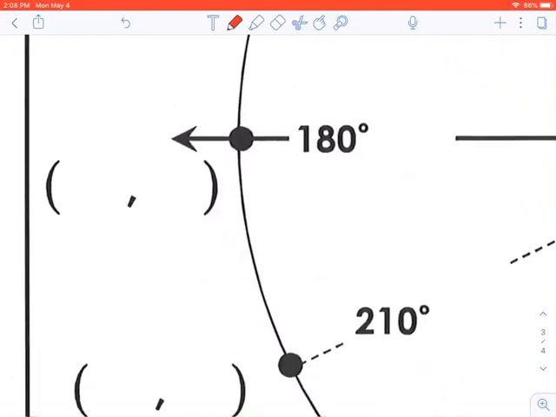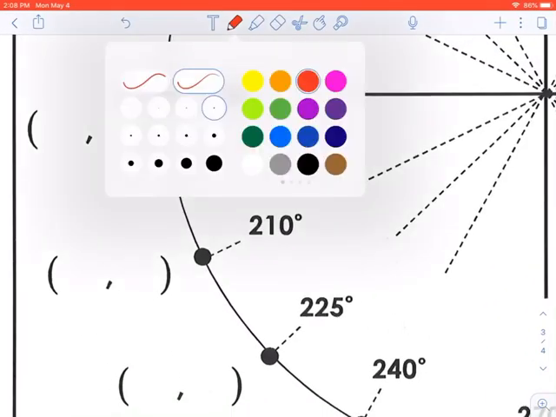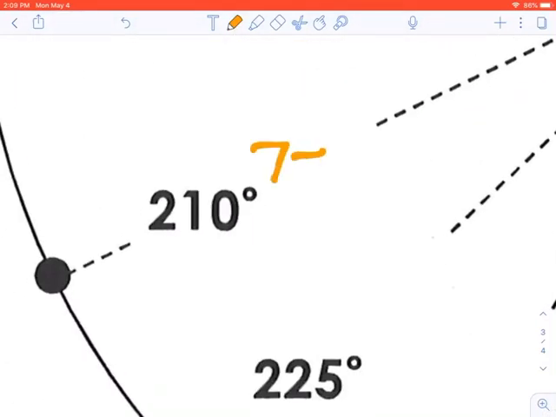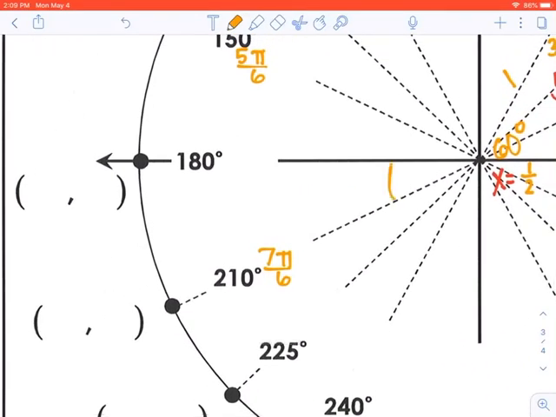I'm going to keep going. I'll do the 180 in just a moment. 210 degrees here. Okay, the radian measure is 7 pi over 6. So all your over 6's have a 30-degree reference angle. 180 to 210 here is 30 degrees. So, 30-degree reference angle.